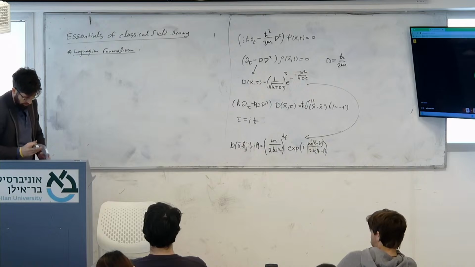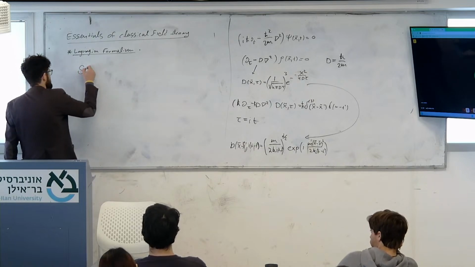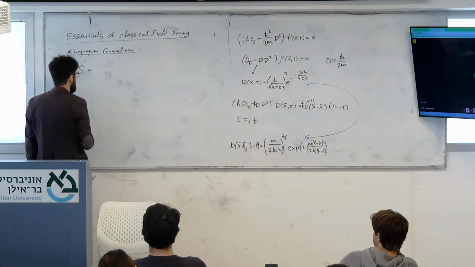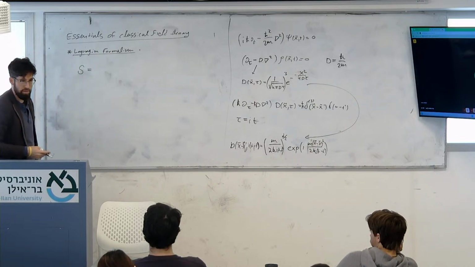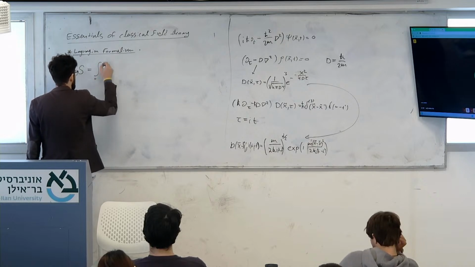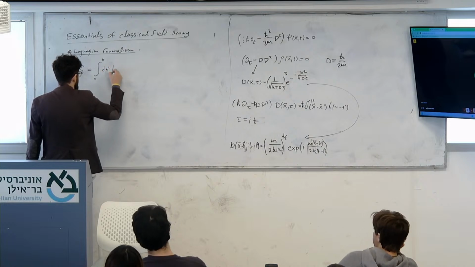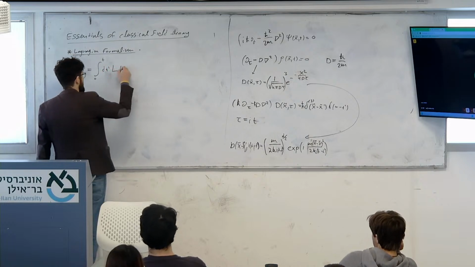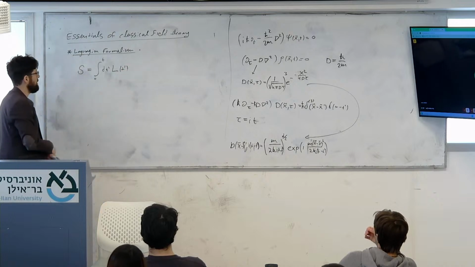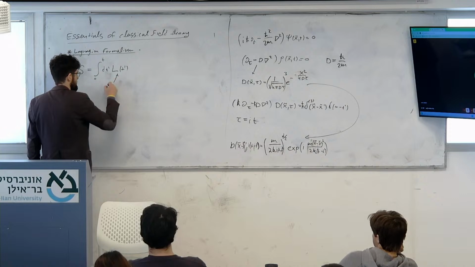So in the Lagrangian formalism, we have this object which is called the action. The action is a scalar, basically, an integral over this object called the Lagrangian.